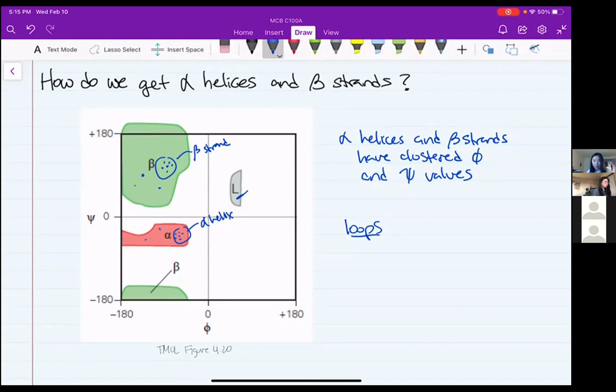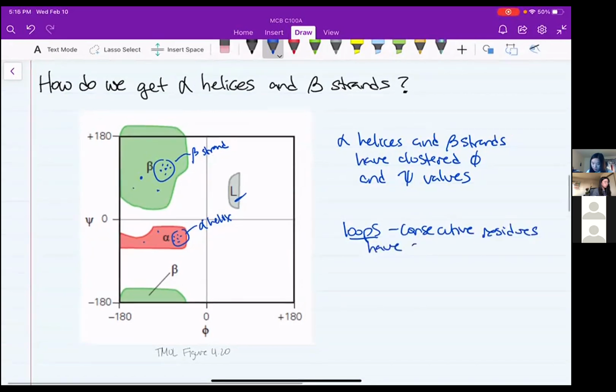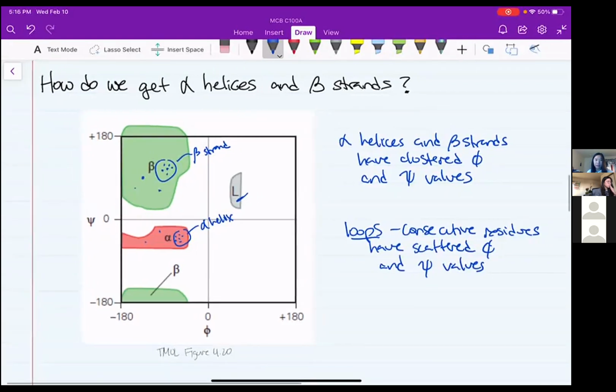So that'll get you a loop. And that's why if you only know one residue, you're not going to be able to tell what kind of structure it's in, because it could be in a beta strand or some unstructured loop.